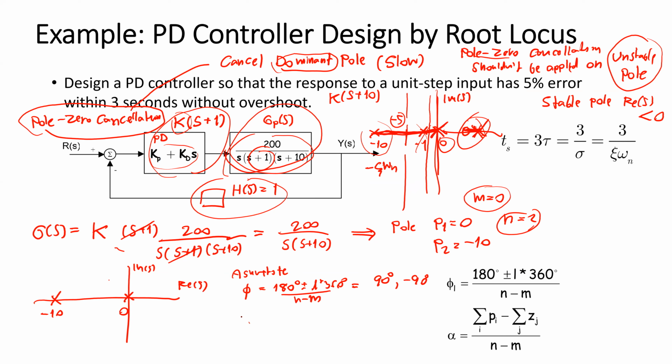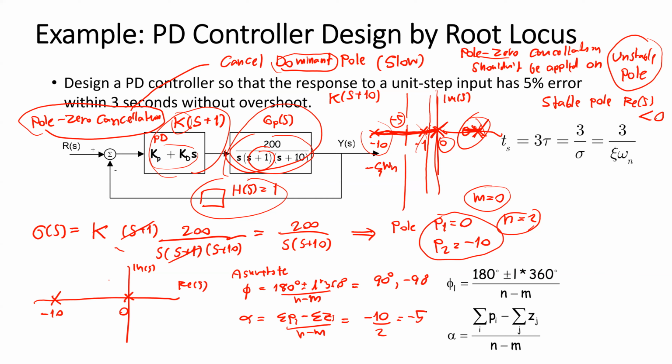How about the intersection point of the asymptotes? Summation of poles subtract summation of zeros divided by n minus m. Summation of poles is going to be minus 10. Summation of zeros is 0. We don't have zeros. Divided by n minus m.